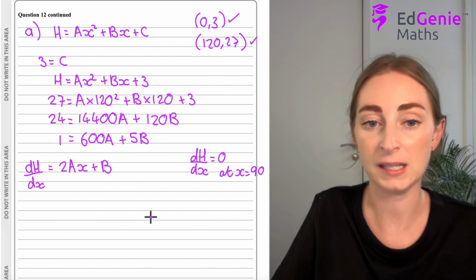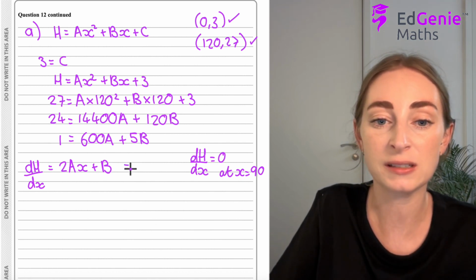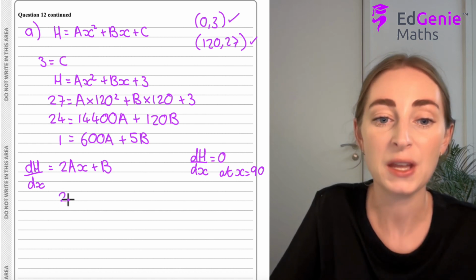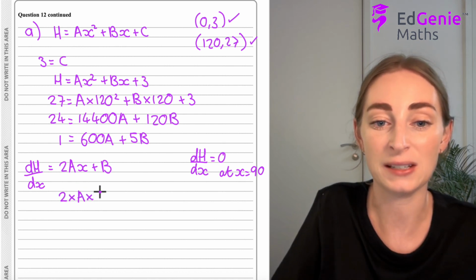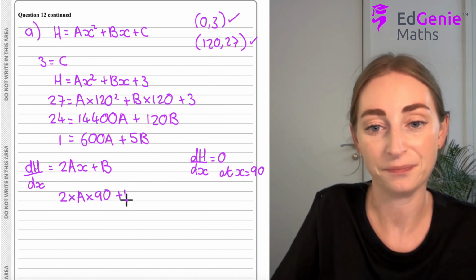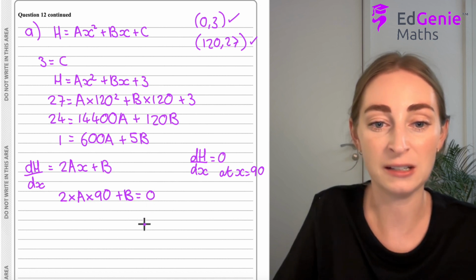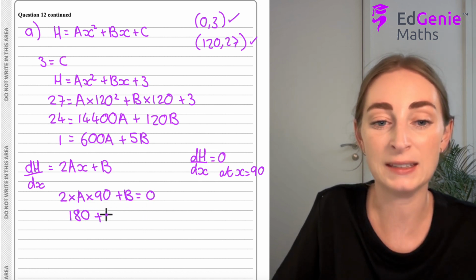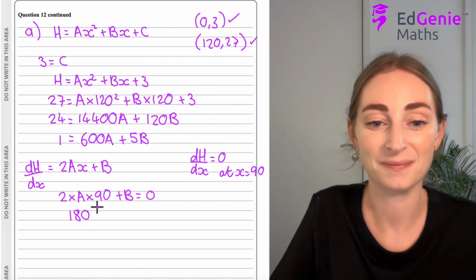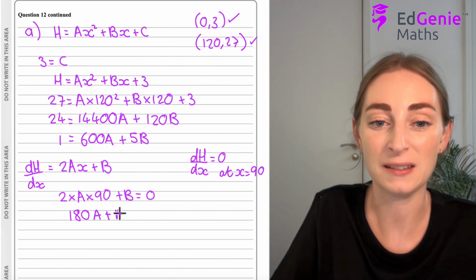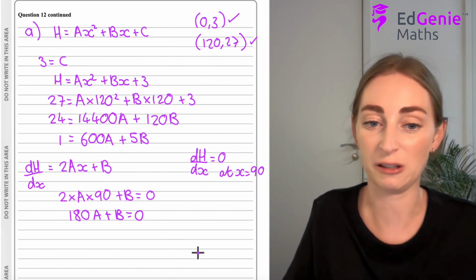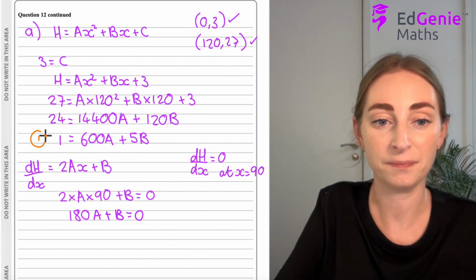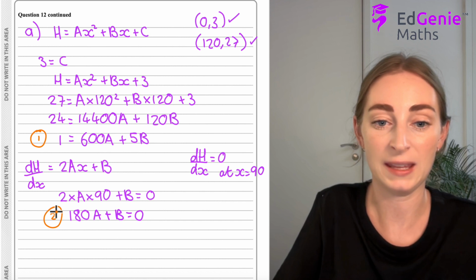Okay, that's it. And that equals 0 when x equals 90. So let's substitute that in actually. 2 times a times 90 plus b equals 0. 2 times 90 is 180. So 180a plus b equals 0.